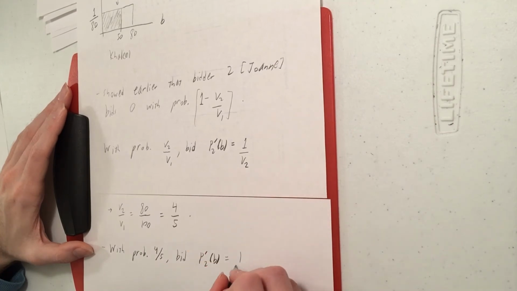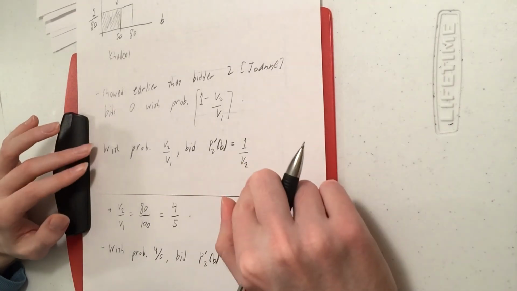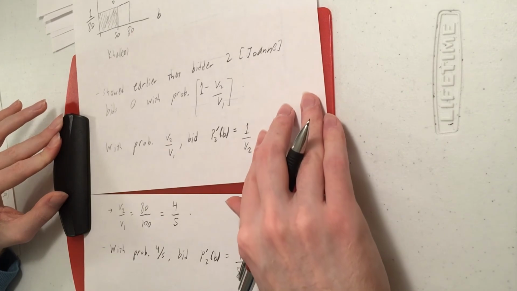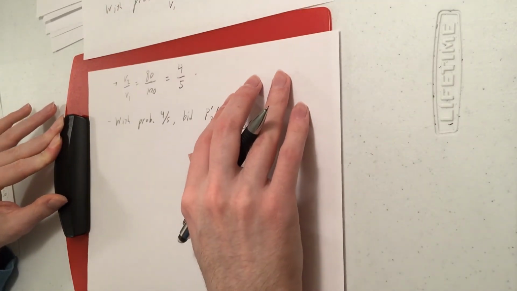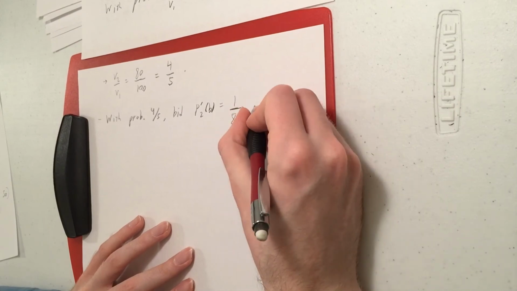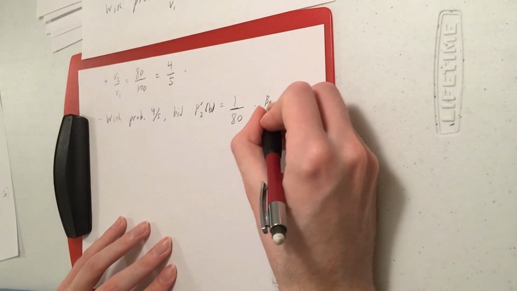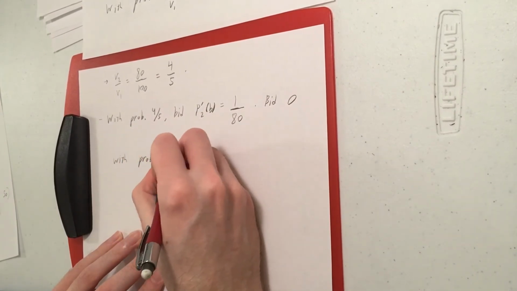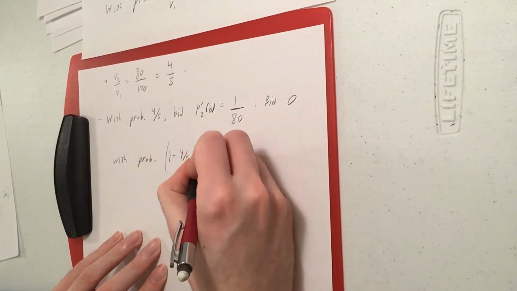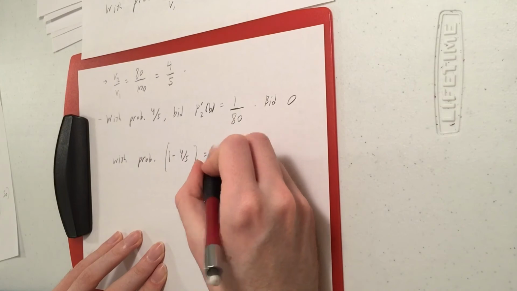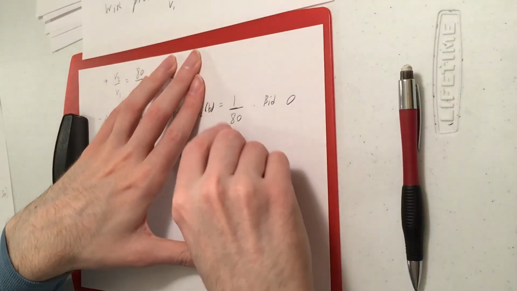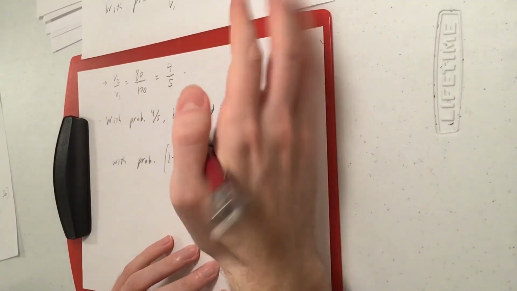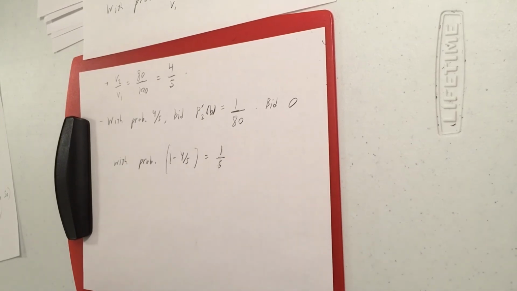And that rule becomes 1 over 80. So the other times, which will happen 1/5 of the time, bid 0. So as you can see, Joanne's problem is a little bit more complicated.